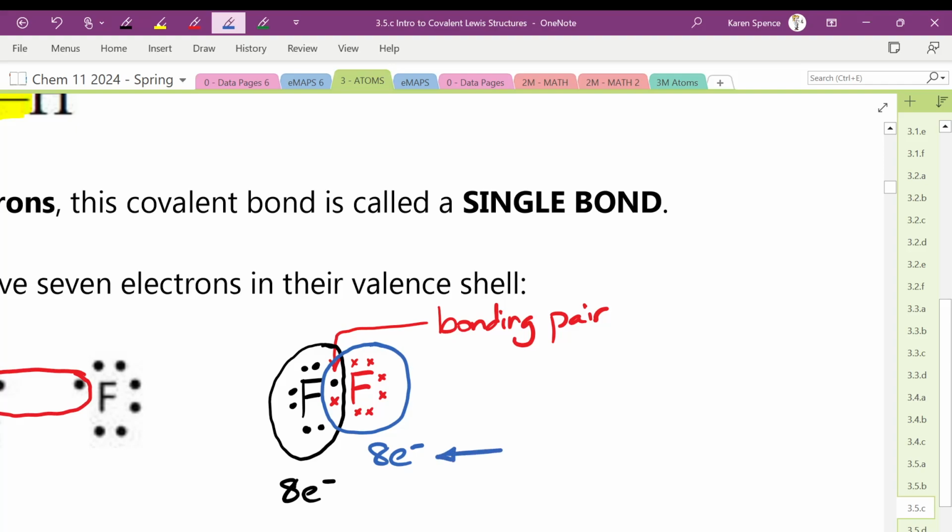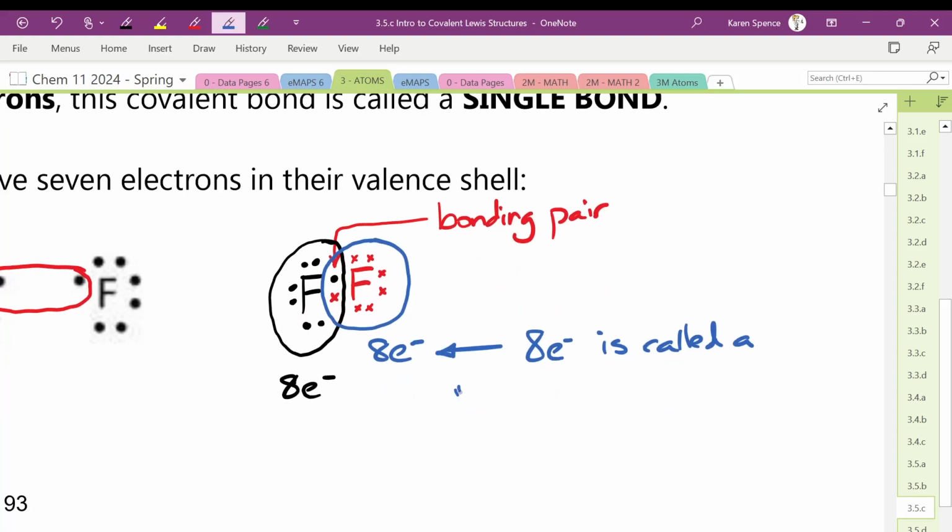We call 8 electrons a complete octet. What does the prefix oct mean? 8.